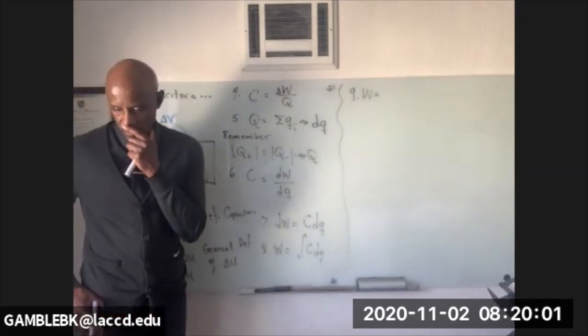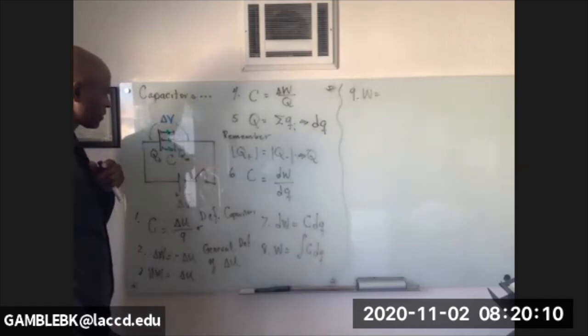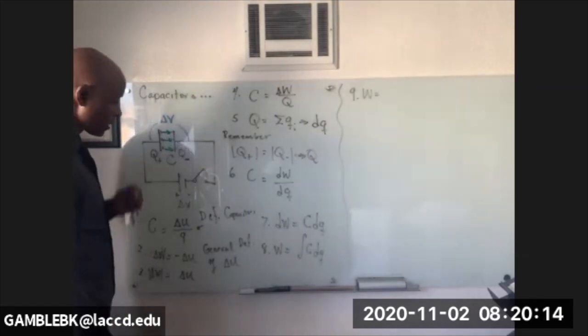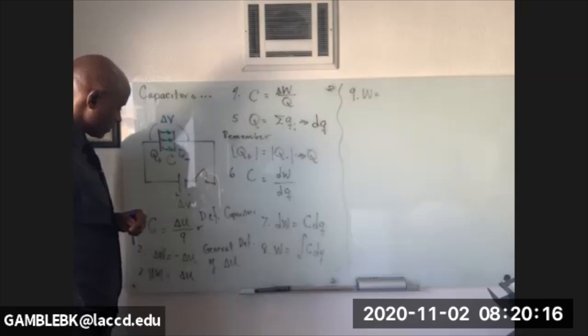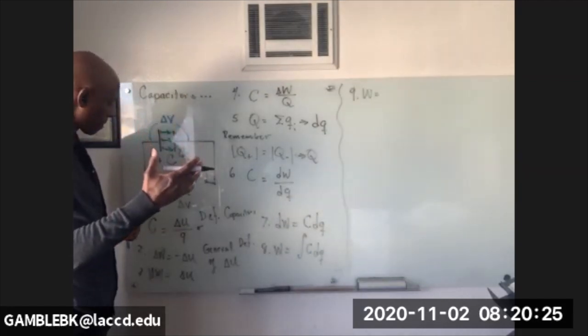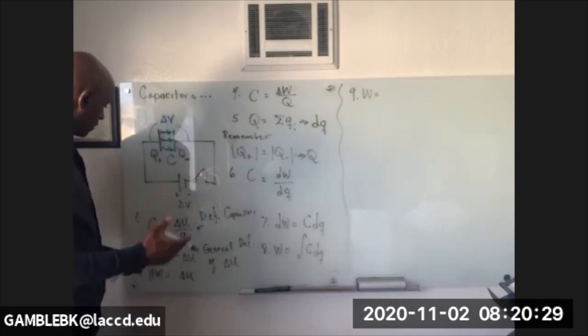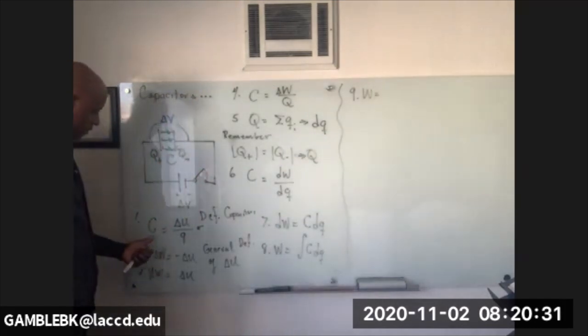Oh, wait a minute, what's happening here? Oh, yeah, right. Oh, what am I doing here? I'm so sorry, folks. I'm screwing y'all up so bad. This is Monday morning. This is not capacitance.